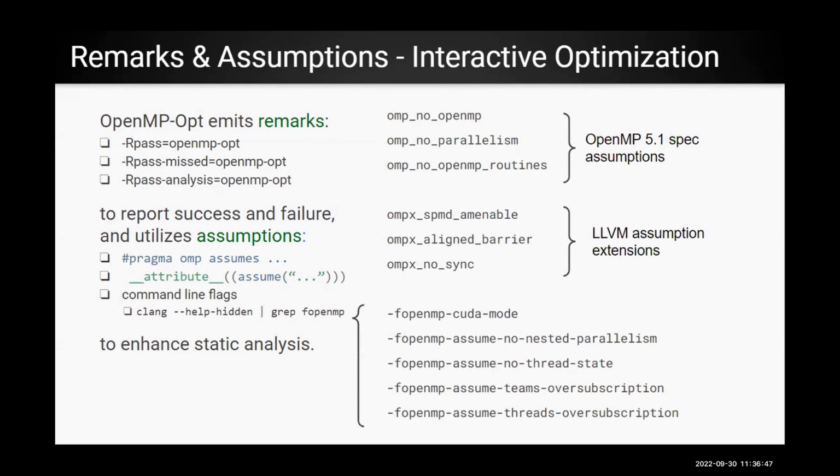The few that are standardized in 5.1, and a couple of extensions that we added mostly to work with the runtime. So we actually utilize these extensions in the OpenMP device runtime, but some of them we also added for the user to be able to act on remarks, so that the remarks become things that tell you what to do about them. Like, here, this is what you can do, and then we'll do the good thing.